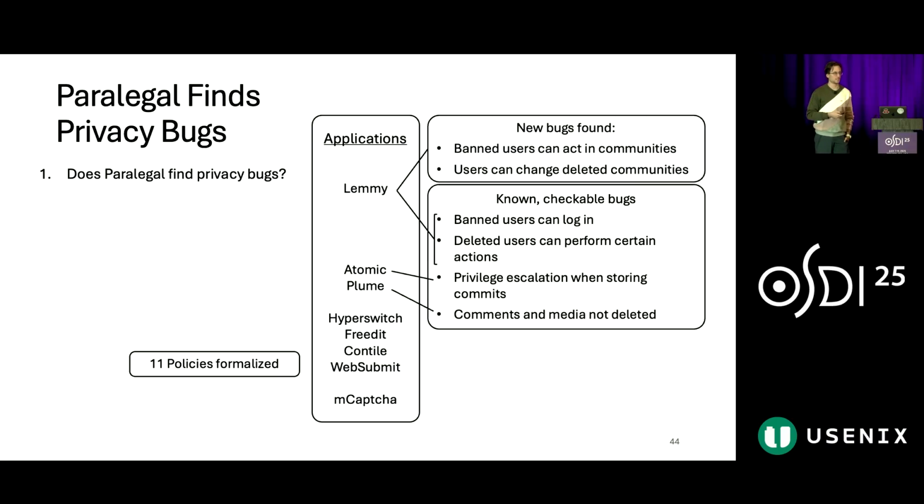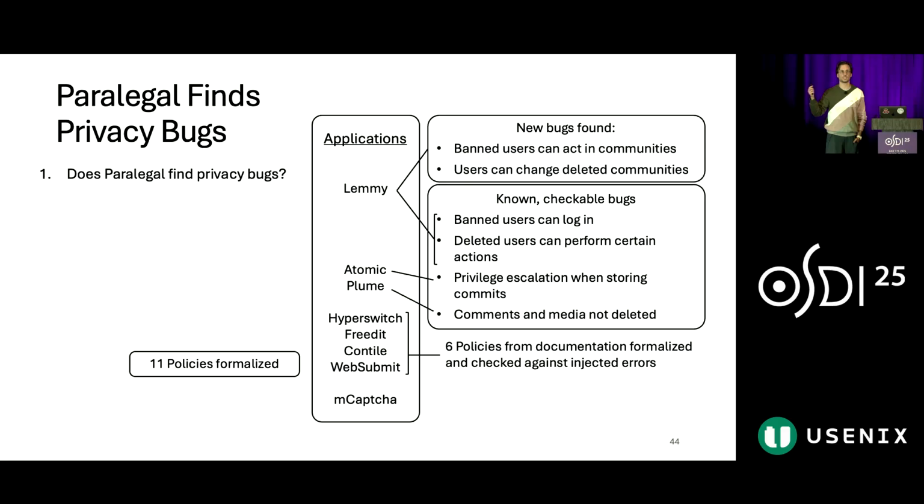Paralegal further finds 5 known bugs, such as in Lemmy, as well as Atomic, which is a database application, and the 2 data deletion bugs from Plume that we showed before. For the other 4 applications, we formalized policies that were mentioned in their documentation and made sure that Paralegal would catch errors we injected into the application.